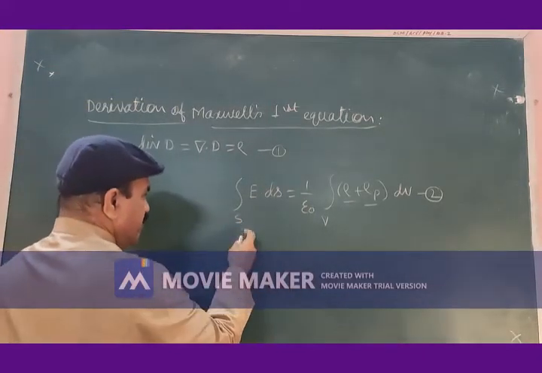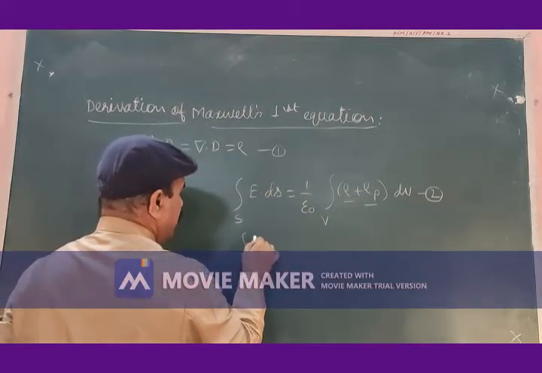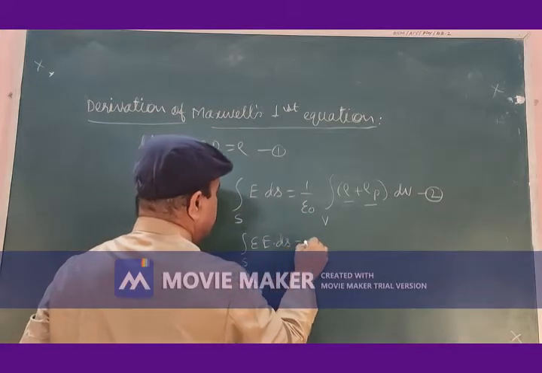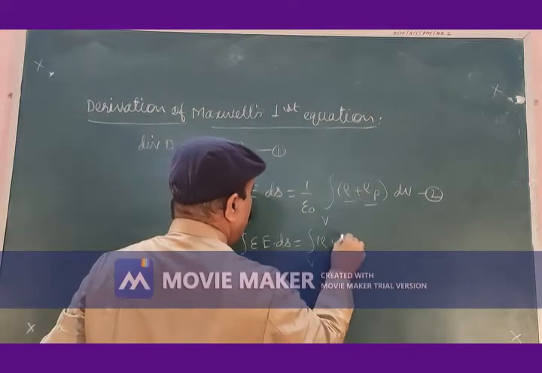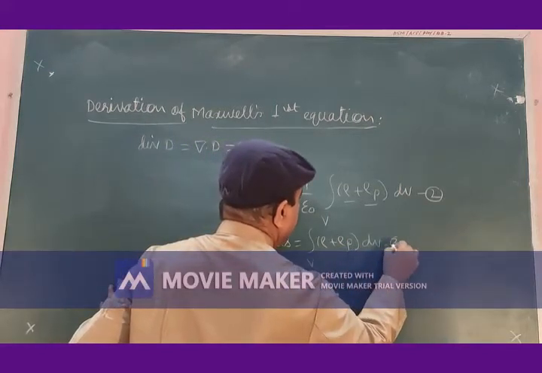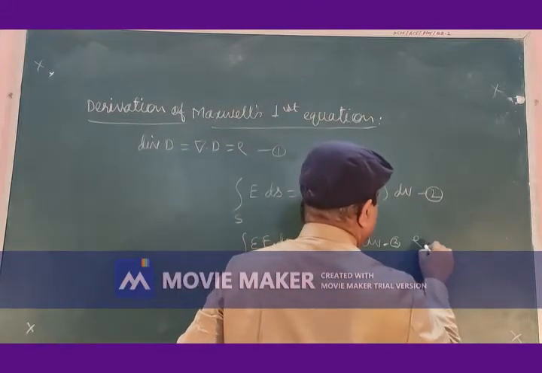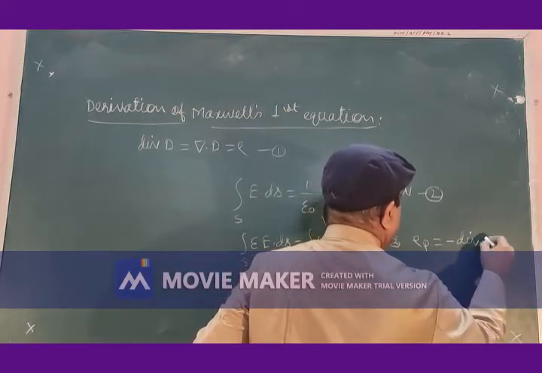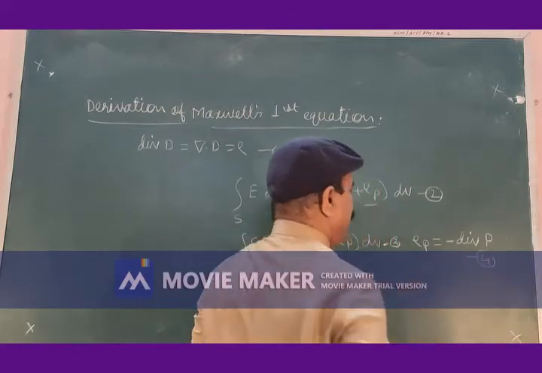Take this epsilon 0 to this side, so that it will be surface integration of epsilon 0 E dot dS equal to volume integration of rho plus rho p into dV, equation number 3. But for dielectric materials, rho p is equal to minus divergence of P, equation number 4.